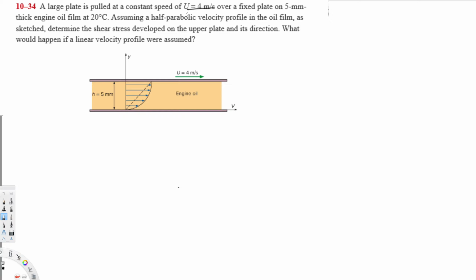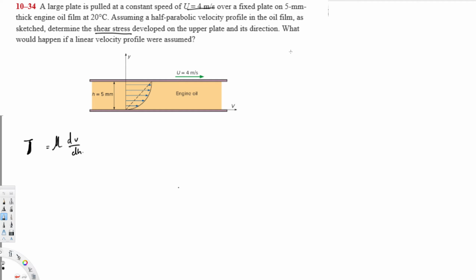So the linear one is actually given, so we have to find the parabolic velocity. The question is the shear stress, right? The equation to find the stress is tau equal to mu dV by dH.